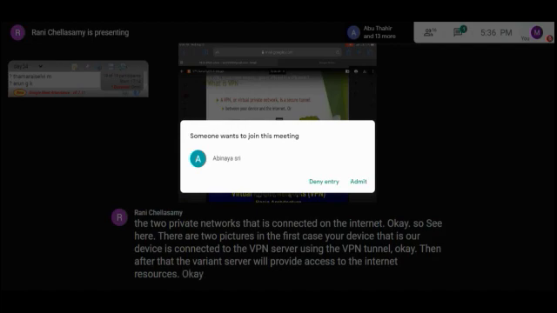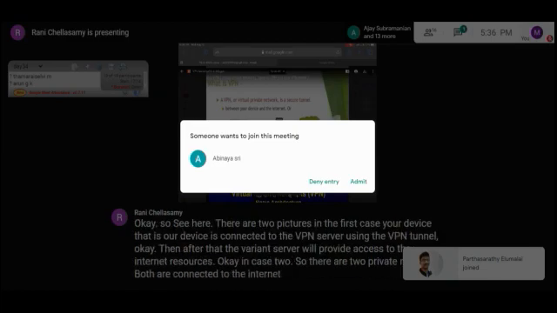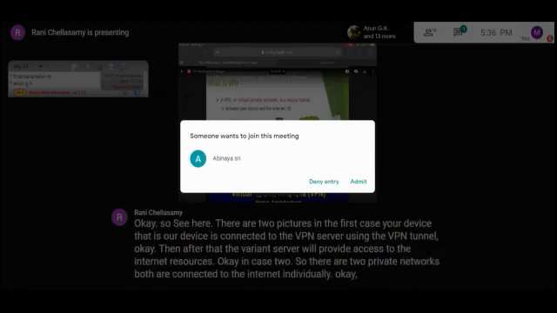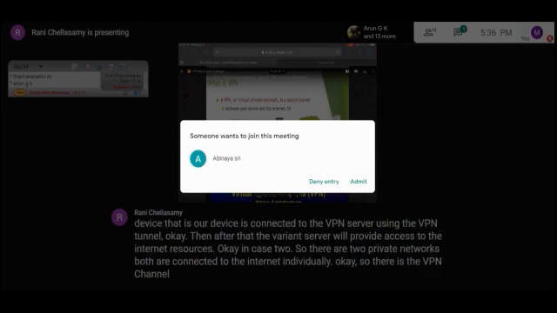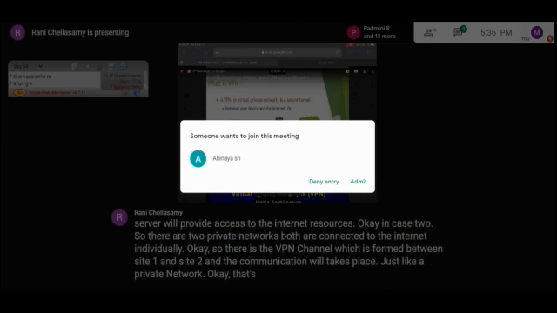In case 2, there are two private networks, both connected to the internet individually. There is a VPN tunnel between site 1 and site 2, and the communication will take place just like a private network. That's the beauty of a virtual private network.